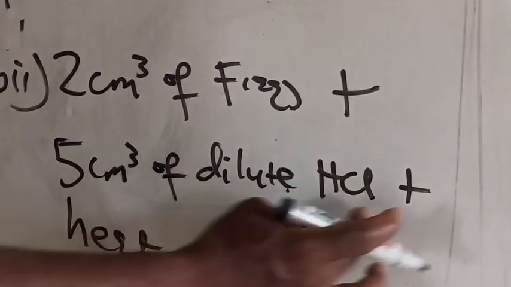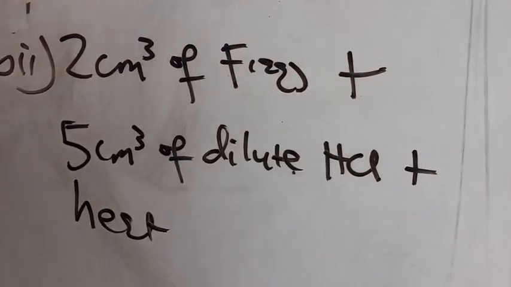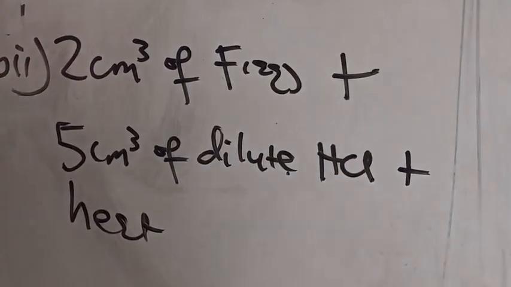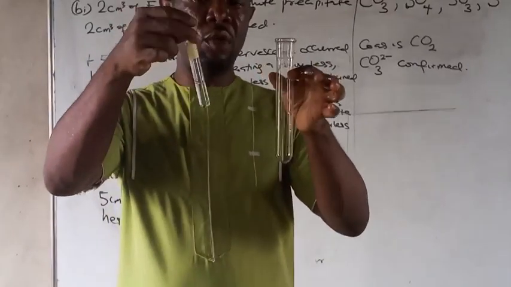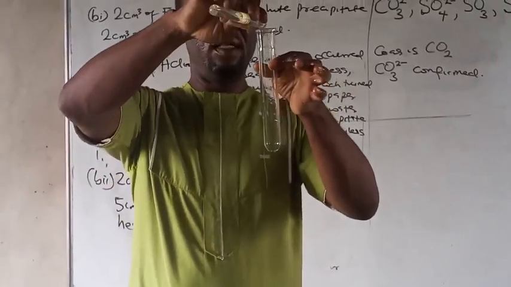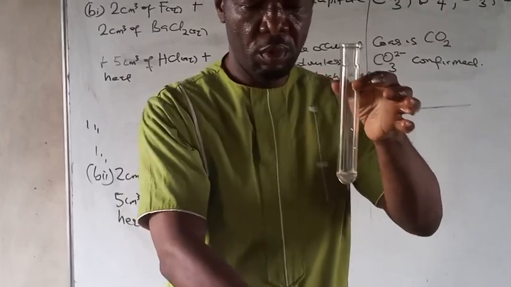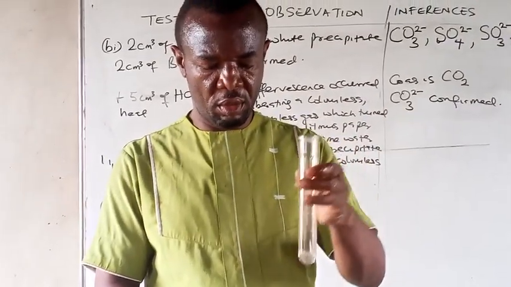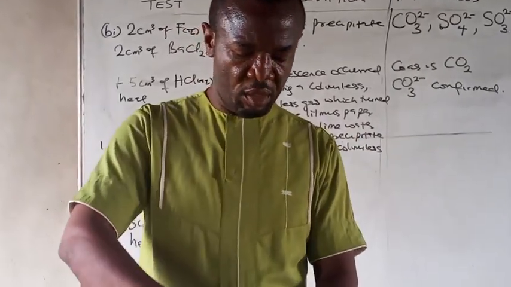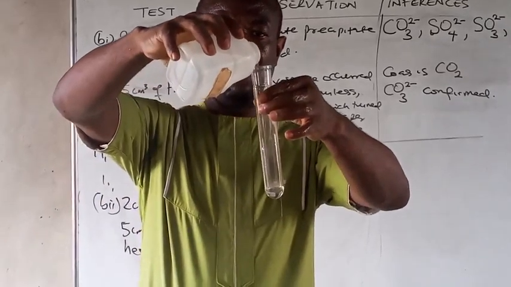Without dilute, you have to specify aqueous close to the HCl. So let's now go to the observation, the experiment, and then carry it out. So we'll have F aqueous in the boiling tube. Then we are going to add HCl into it. So open the HCl container and then pour into the F aqueous.